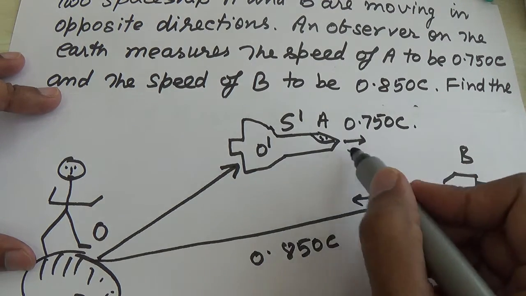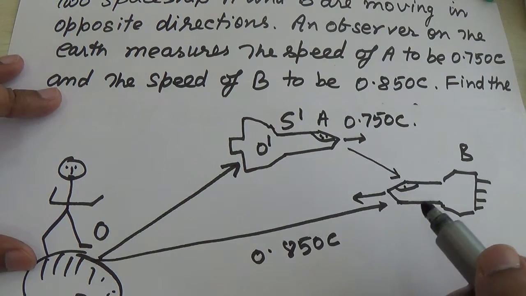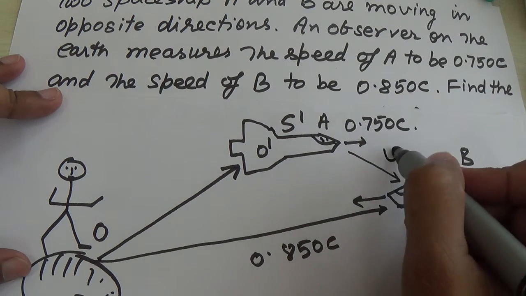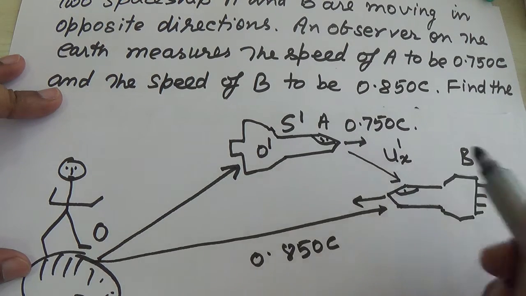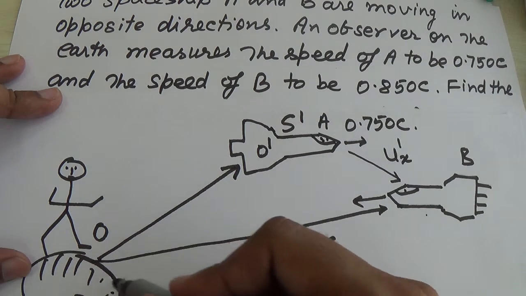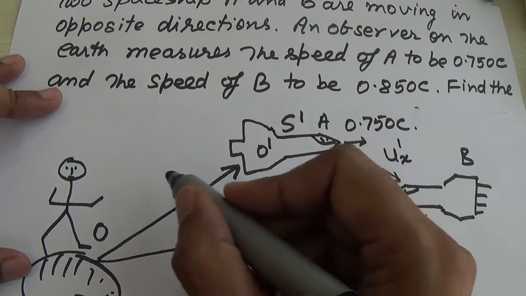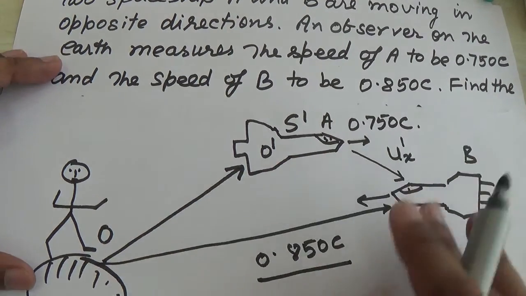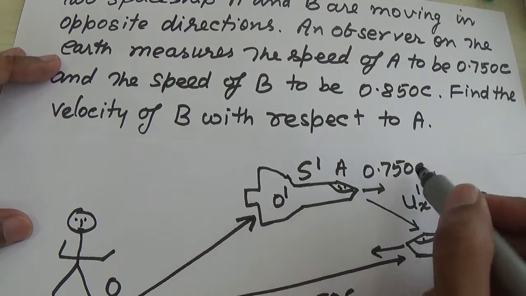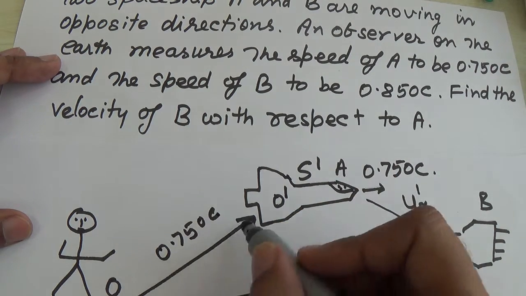Now suppose this spacecraft B, which is moving in the opposite direction, can be treated like the ball thrown in the opposite direction. So that will be ux prime, but now ux prime is negative, and the speed of this spacecraft relative to this one is 0.850 c. Right, we have to find out the velocity of B with respect to A, and this is given as 0.750 c, that is v.